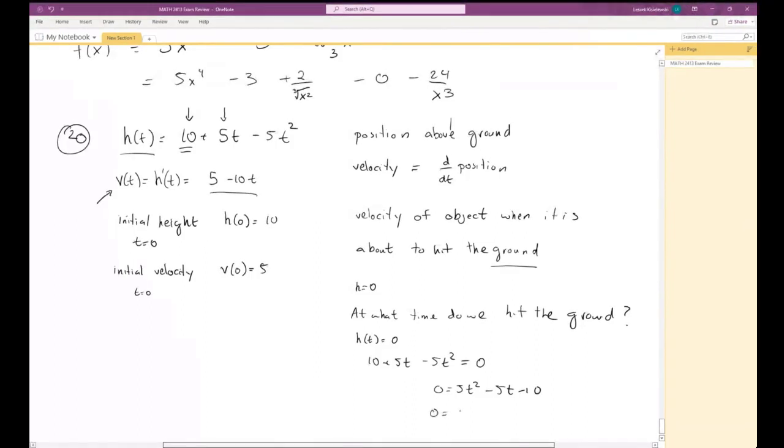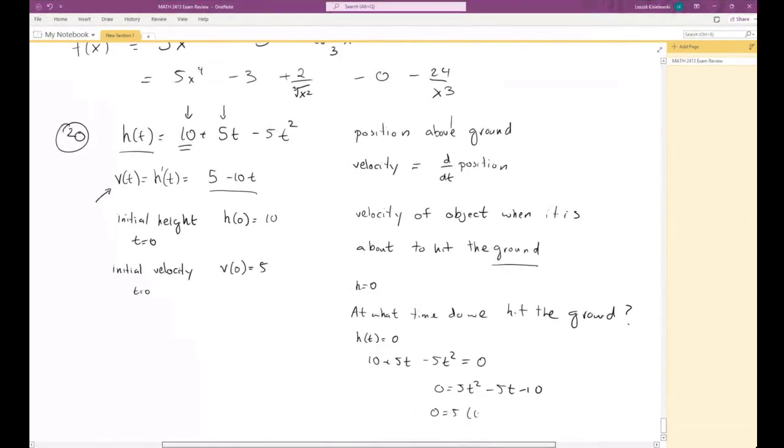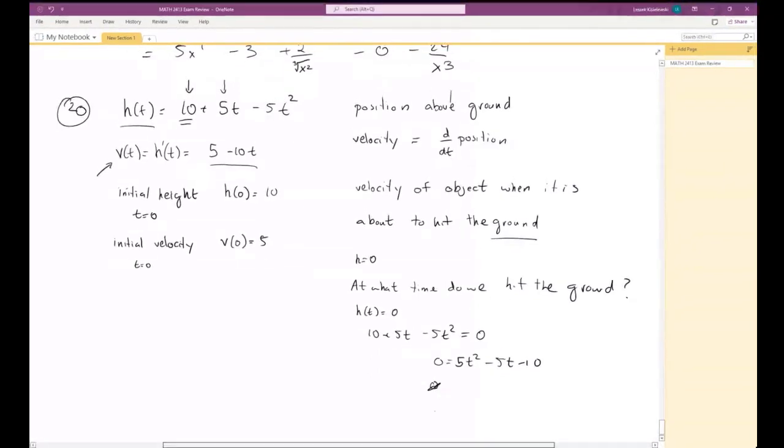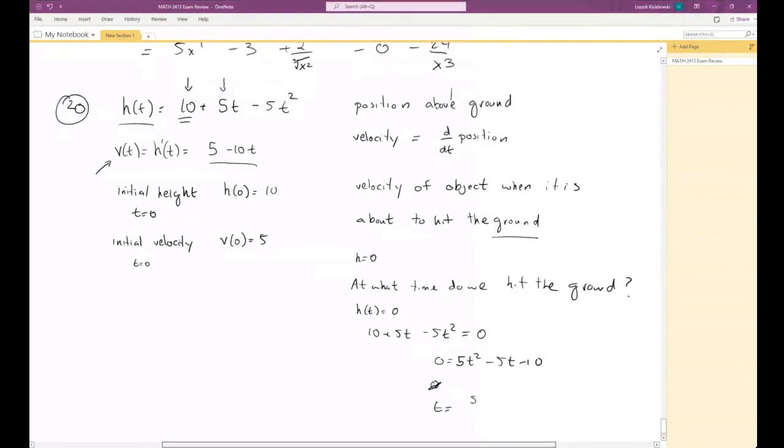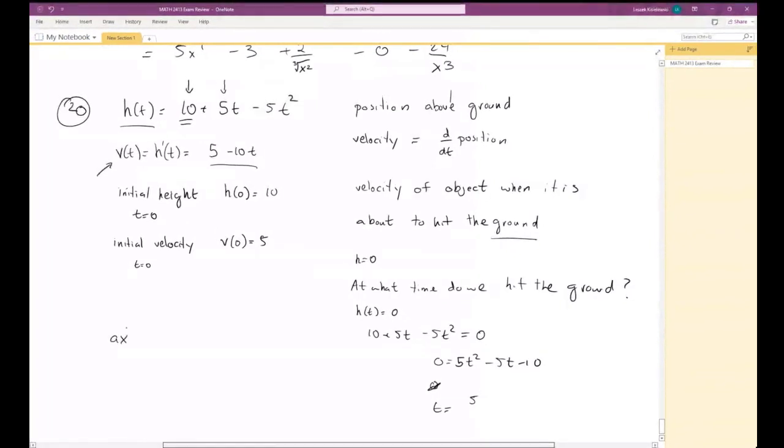Can we factor? I'll use the quadratic formula. All right, so using the quadratic formula, we get, I've got to write it down for review.